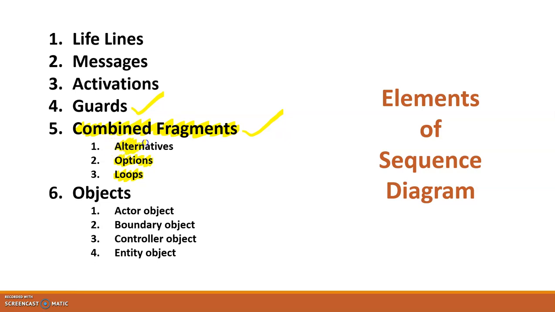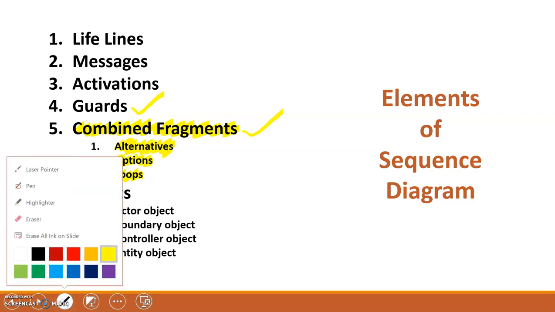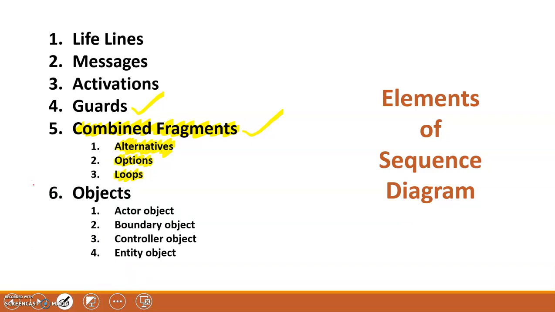Alternatives are basically multiple conditions or multiple options or multiple choice. That's why we call it an alternative, either this or this. To show the alternative, we use ALT. For the option, we use OPT, and for the loop, we use loop. So these are the symbols for the combined fragments.